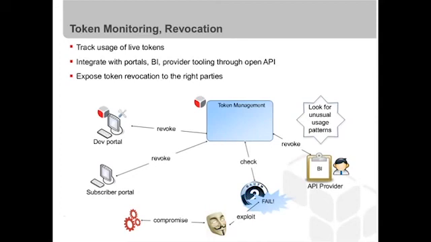They want to be able to go into the developer portal for this API, view all of the OAuth sessions that are owned by this compromised application, and revoke all of them. So it makes sense to expose that information through the developer portal to the application providers themselves. The token management has to provide this information to potentially a lot of sources. This type of integration is best served by itself using APIs, open APIs, of course.